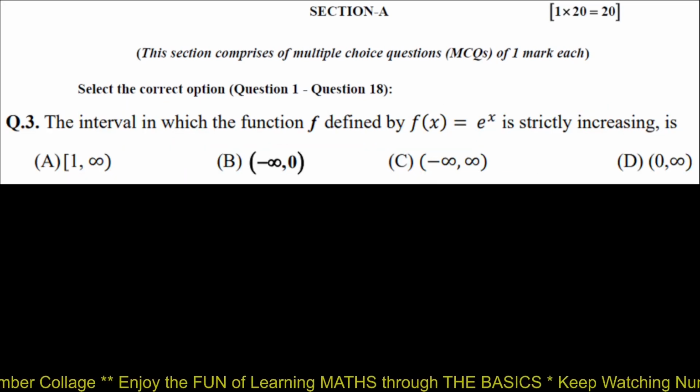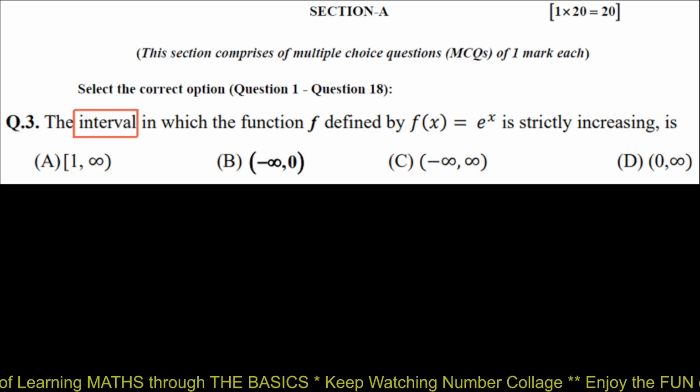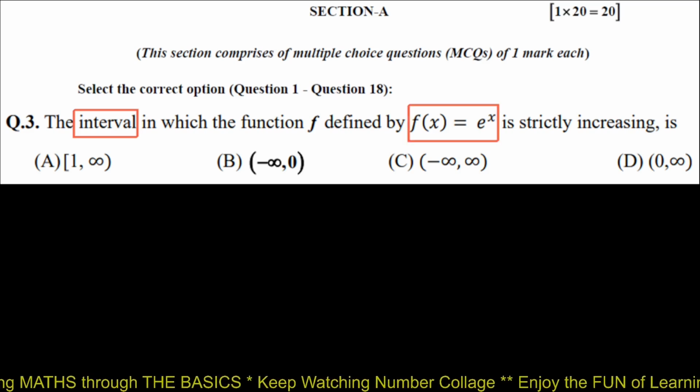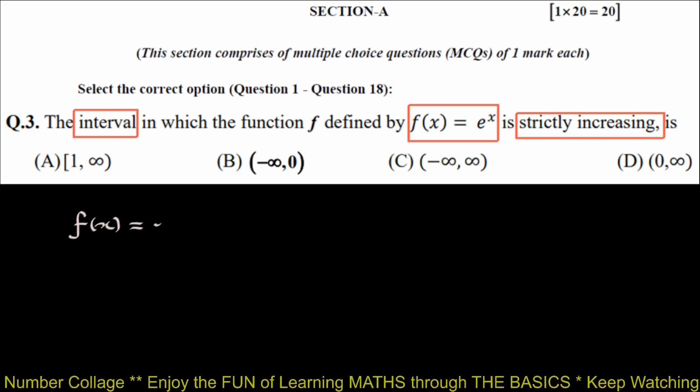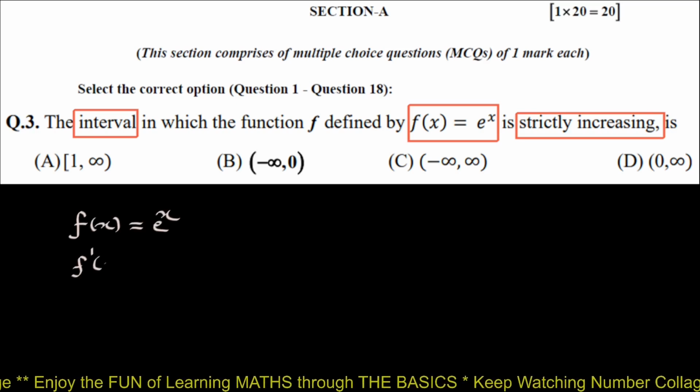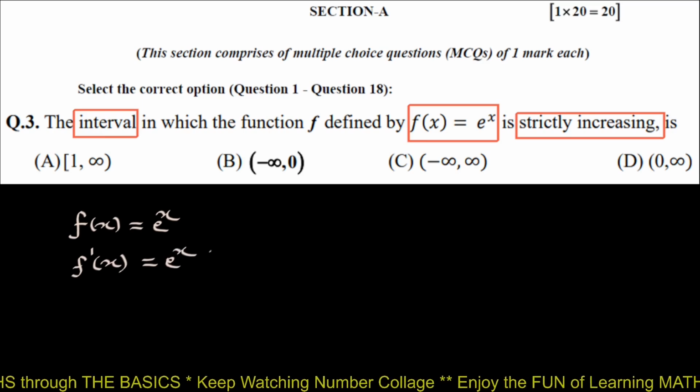We have to find the interval in which the function f of x equals e raised to x is strictly increasing. f of x is e raised to x and f dash x will be e raised to x, which is positive.